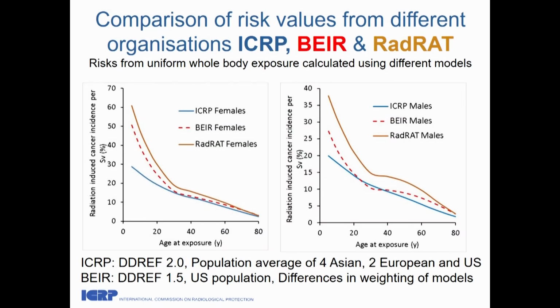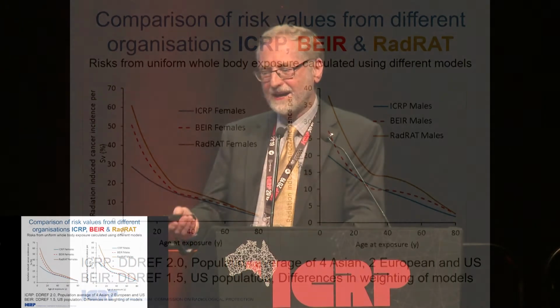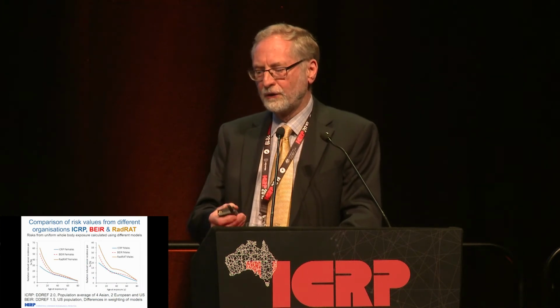The health status of the individual can be taken into account by the doctor dealing with the patient, and this provides perhaps a better assessment of the potential for cancer. But if we look at the different models, just to give you an indication of the variation between the ICRP, BEIR, and RADRAT, those are the excess risks for a whole body exposure for females and for males, calculated by the three models that are available.